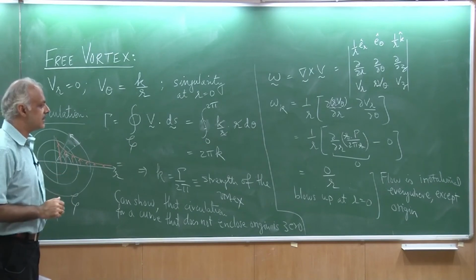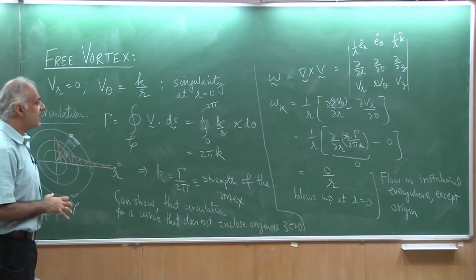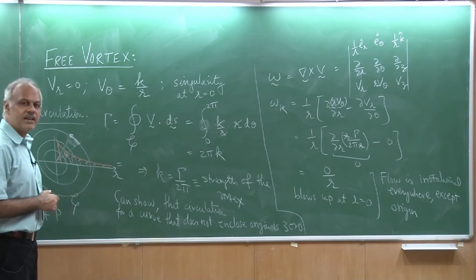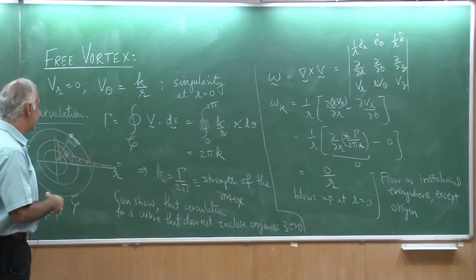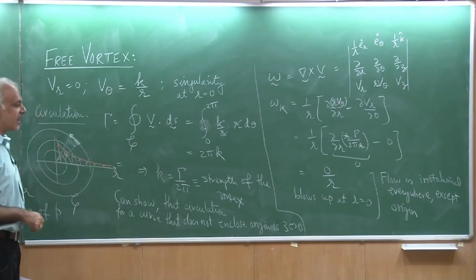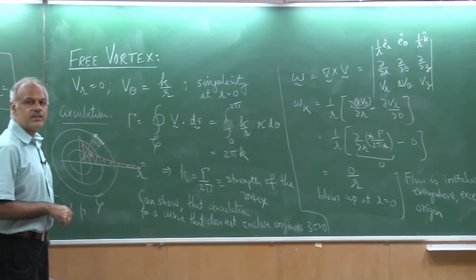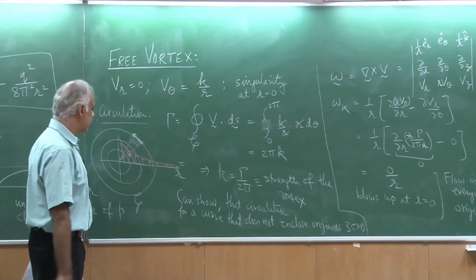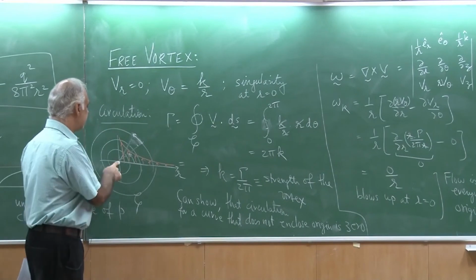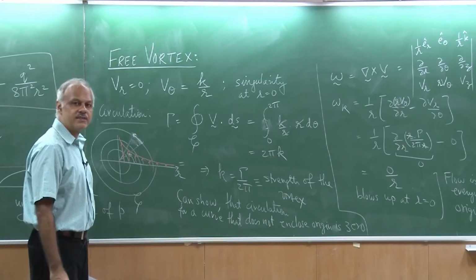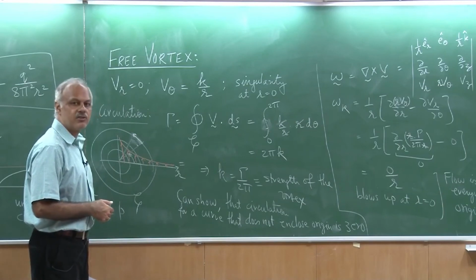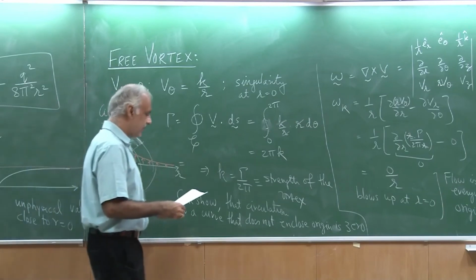Again, very similar. The singularity in the case of source or sink arises because of the mass condition being violated at origin, and in the case of a vortex it is violated because the flow is irrotational at origin. There is an extremely large tangential speed at the origin, just like a very large radial speed in the case of a source or sink.